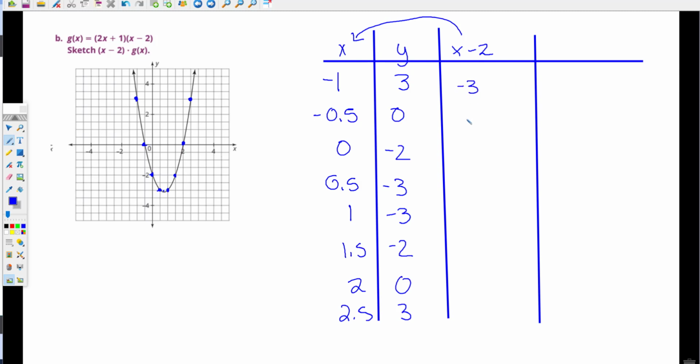And so you'd end up with negative 3, negative 2.5, negative 2, negative 1.5, negative 1, negative 0.5, 0, and 0.5. And then you're going to find your product, and then you're going to graph these ordered pairs all the way down.